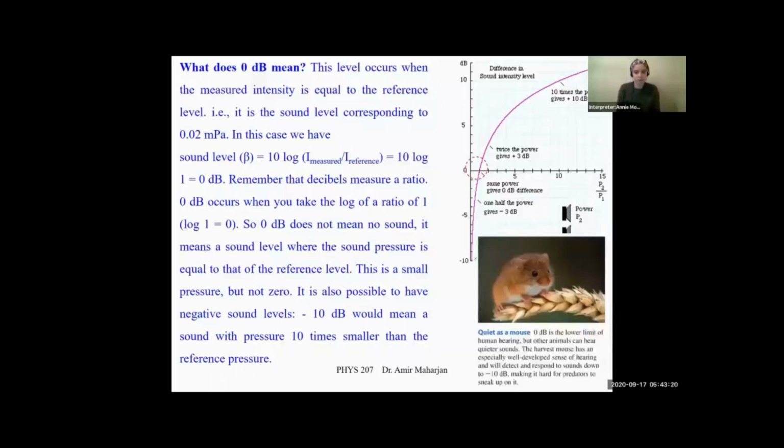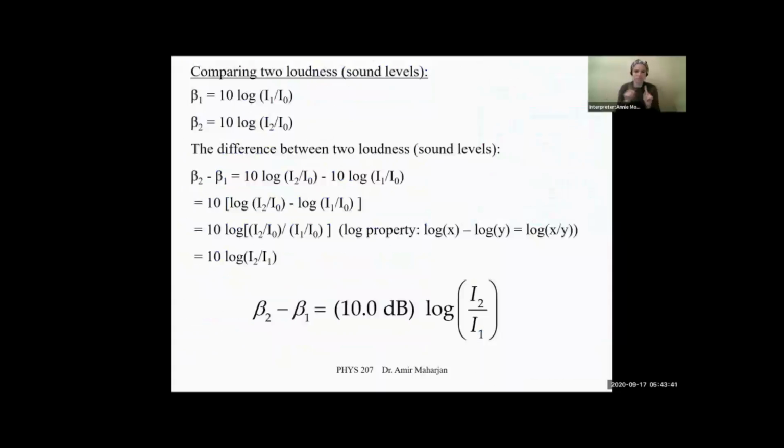For example, this harvest mouse shown here can hear very quiet noise as low as negative 10 decibel, right? Or even a cat. A cat can hear much below 0 decibel sound, right? And so on. Different animals have different capacity. So this is the one I just showed you.